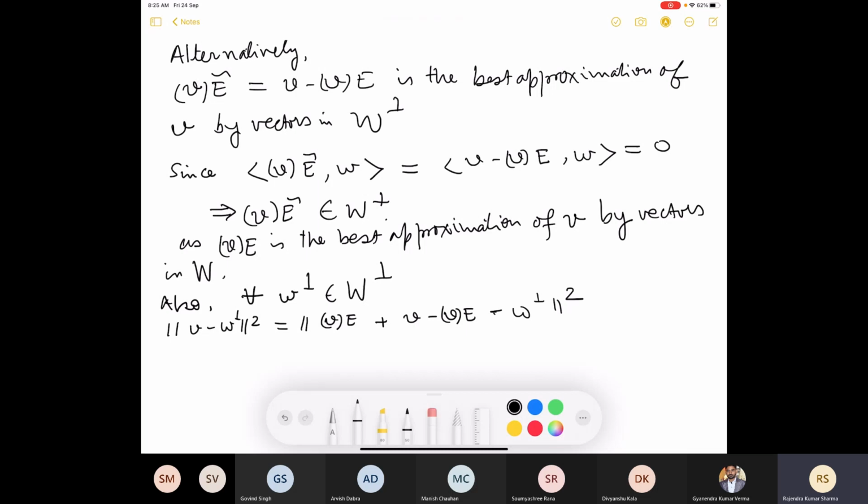And now you can see we have already done taking a product of this with itself.